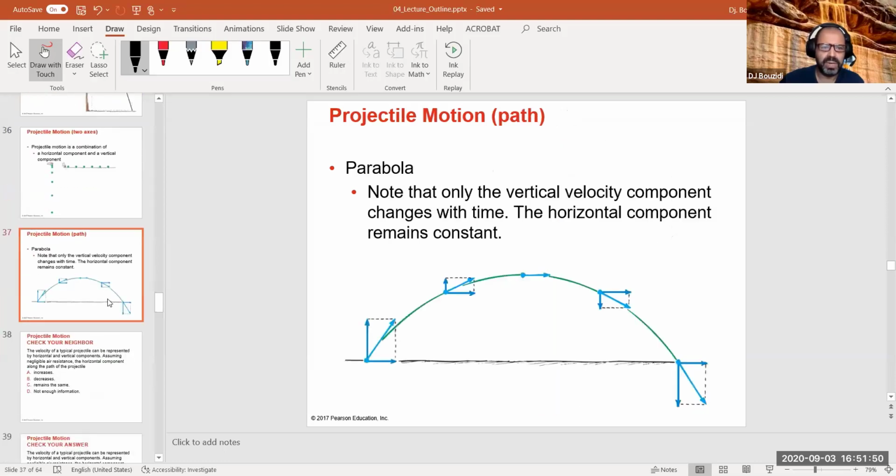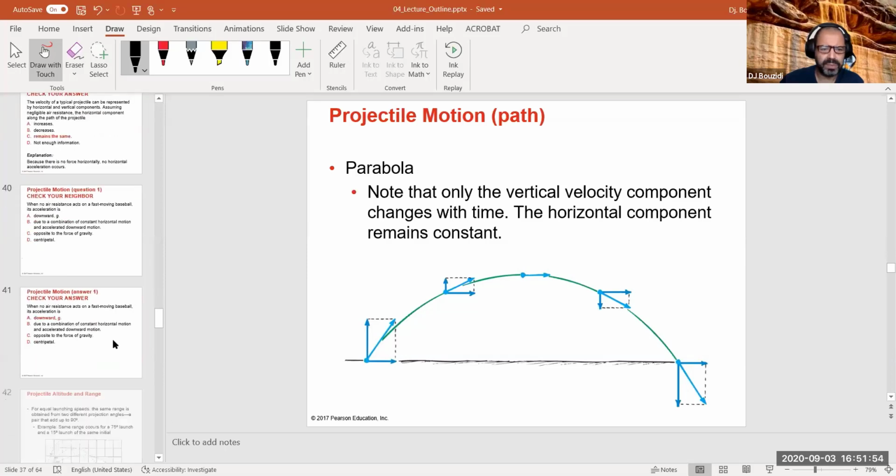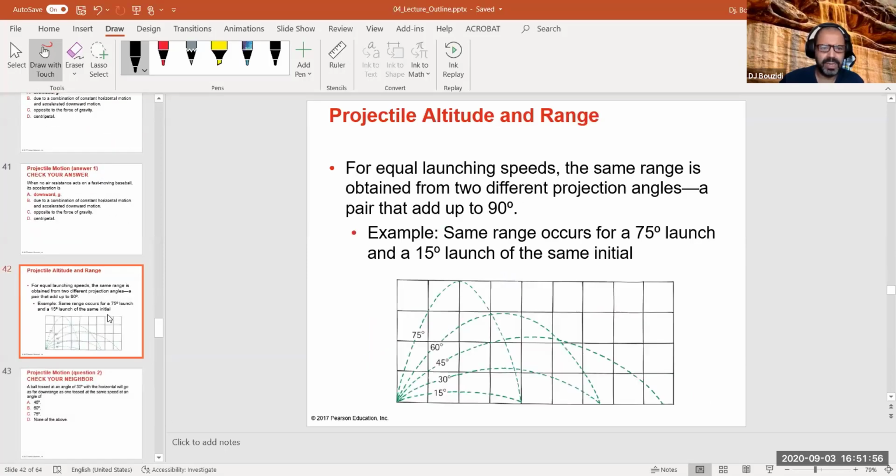One of the key concepts of the parabola for projectile motion is the altitude and the range. A 15-degree angle and a 75-degree angle add up to 90 degrees. They have the same range, but different altitudes. A 30-degree angle and a 60-degree angle have the same range. They reach the same point, but again have different altitudes.